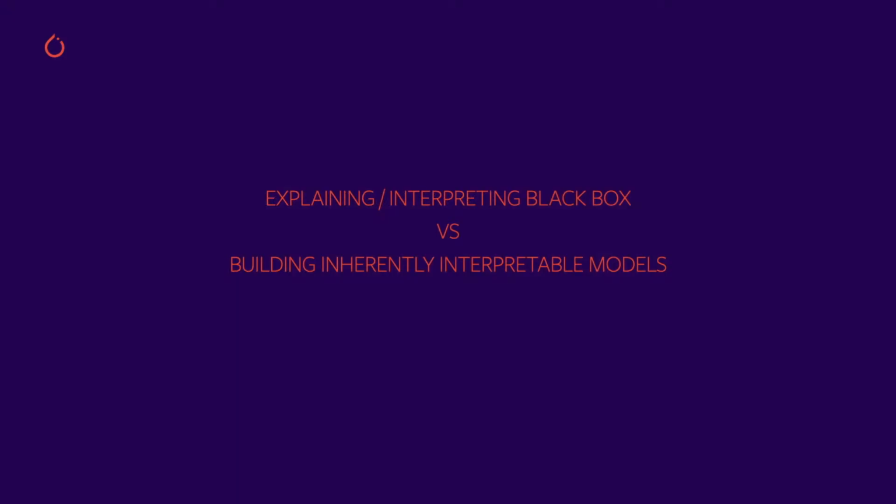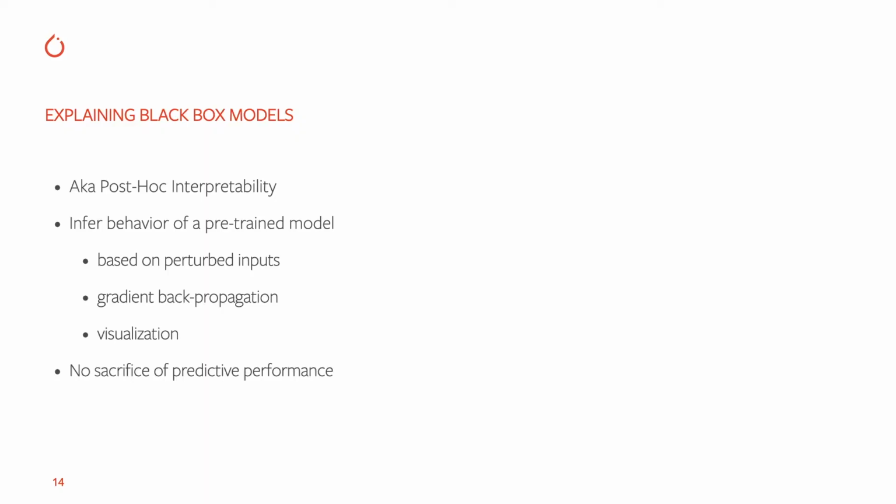So far, we have been talking about black box models and explaining or interpreting black box models, but now let's talk a little bit about models that are inherently interpretable. We would like to compare and contrast these two types of models. Let's start with explaining black box models.